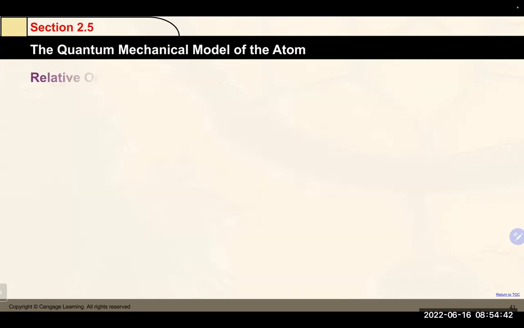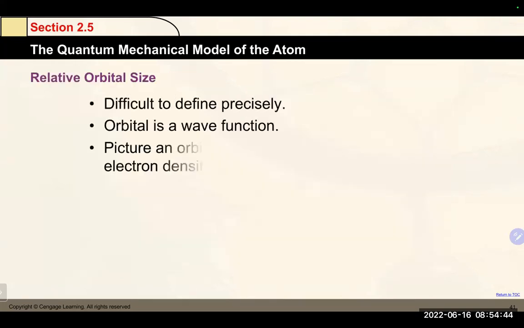The relative sizes of orbitals are difficult to define. There's a guy named Schrodinger who had a bunch of equations, and if you ever take physical chemistry, you do a bunch of calculus with those wave-type functions. And they basically are how these orbitals came about and the idea of where we find electrons.